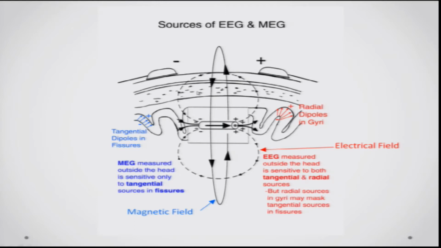So, neurons which are facing up and neurons which are going this way, EEG records both, whereas MEG, if you look at Faraday's law, records only the magnetic field created by tangential sources in the sulci, because the magnetic field goes like this.